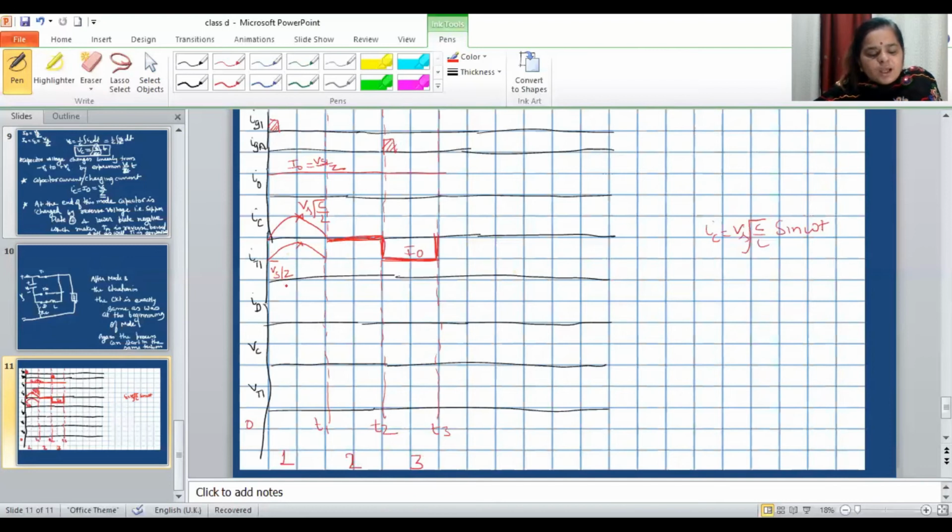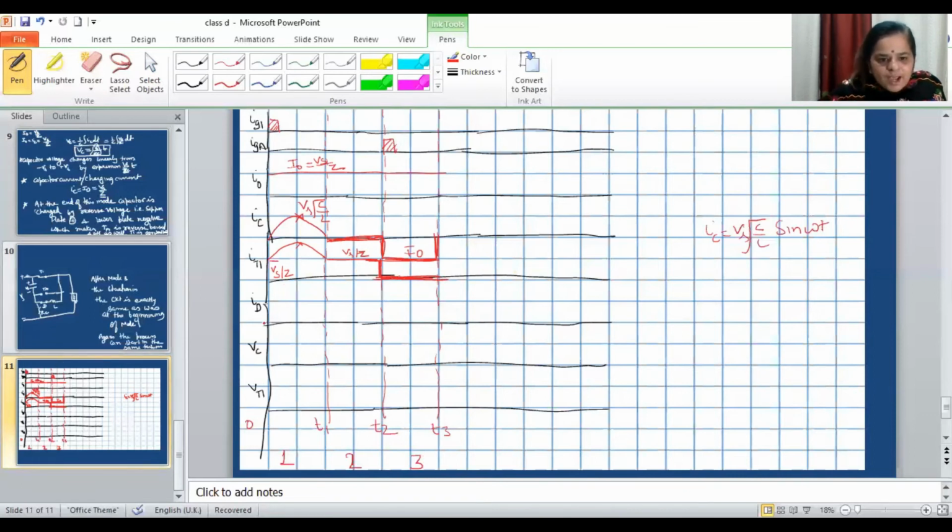So the sinusoidal waveform is uplifted by Vs by Z, and after that IT1 is equal to I0, that means Vs by Z, and later on in mode 3 it is 0. So this is your IT1.